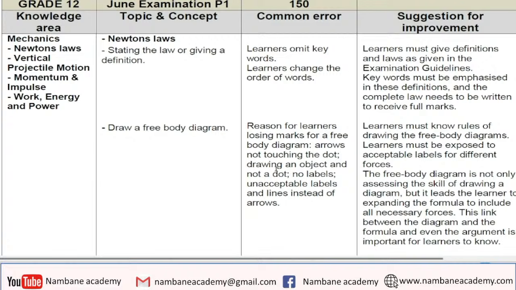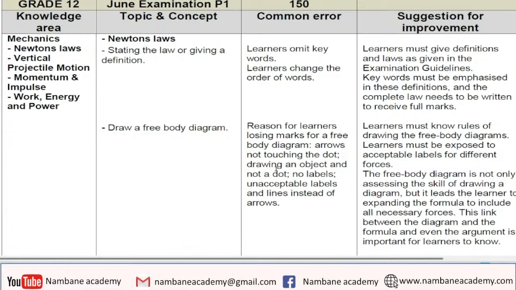Whenever you are asked to identify the gradient of a graph that is given to you, you rearrange that formula to be in the form of y is equal to mx plus c. Whatever comes as a coefficient of your x will be your gradient, that is your m. And you'll be asked to use that gradient maybe to solve the questions.